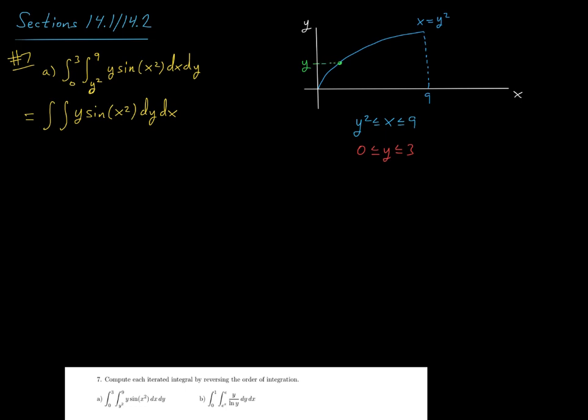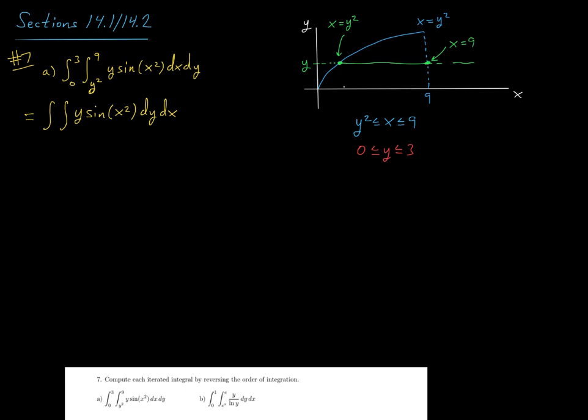The low end here for x is y squared, which is this point along our parabola, and then we're going to go out to the high end when x is 9. So our horizontal strip will run from y squared there to 9 there.